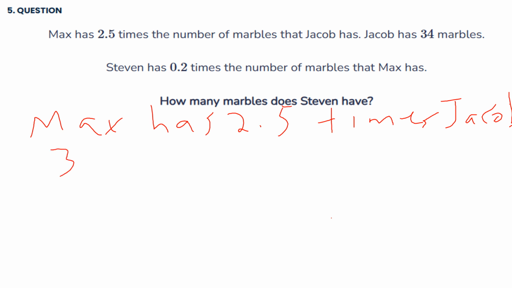So we need to multiply 34 because we know Jacob has 34 marbles. And then we need to multiply. Again, we don't match up the decimals. We match up our numbers in the correct place. All right, so 34 times 2.5.